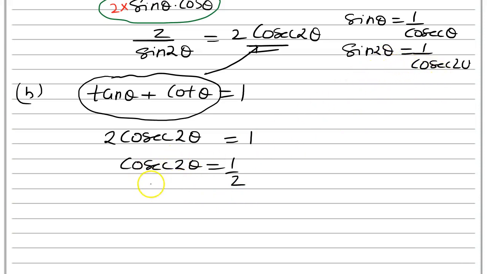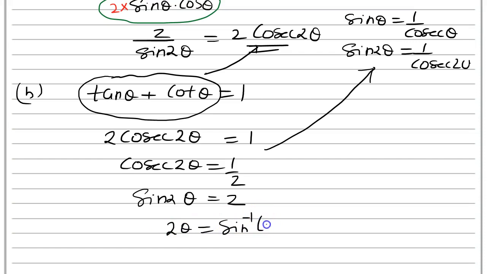If you flip both sides, since sine 2 theta is equal to 1 upon cosec 2 theta, we can write sine 2 theta equal to 2. So it means 2 theta equals sine inverse 2. And if you put this value in a calculator, you will get a maths error. You will not get any result.